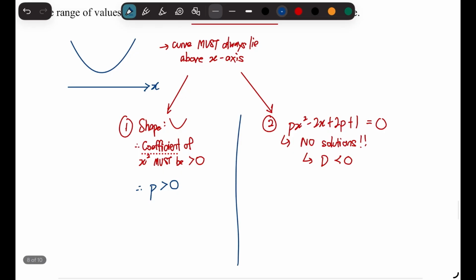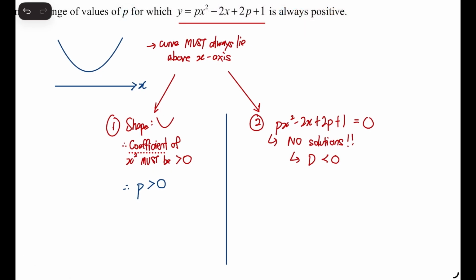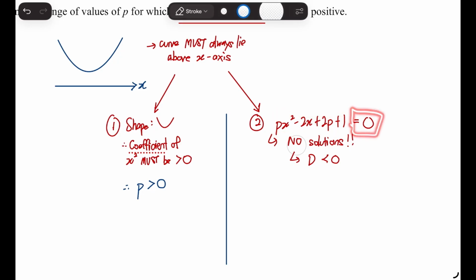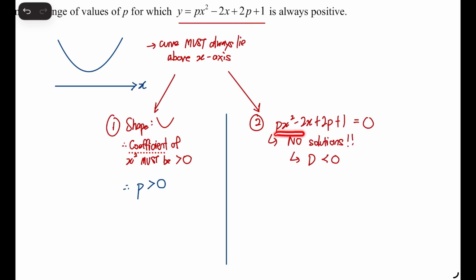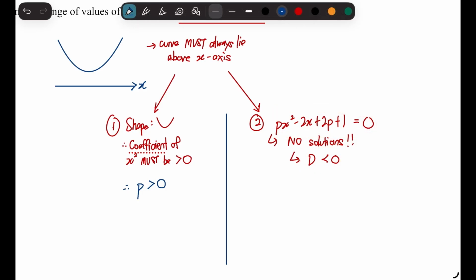Second, for a curve to always be positive, if I equate the equation of the curve to 0, the equation of the x-axis, there must be no solutions to this resulting quadratic equation. So the discriminant must be less than 0. Let's first identify my a, b, and c. a is equal to p, b is equal to negative 2, and c is equal to 2p plus 1.